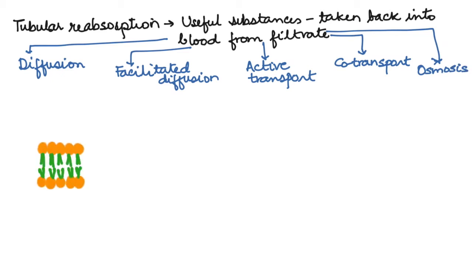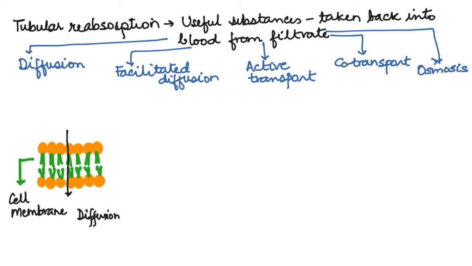Now let us see the cell membrane here. This is the structure of the cell membranes. As you know, it is made up of a phospholipid bilayer. Now, if we have a concentration gradient, then certain substances can directly cross the cell membrane and enter inside the cell. This process is called diffusion, that is, movement from higher concentration to lower concentration.